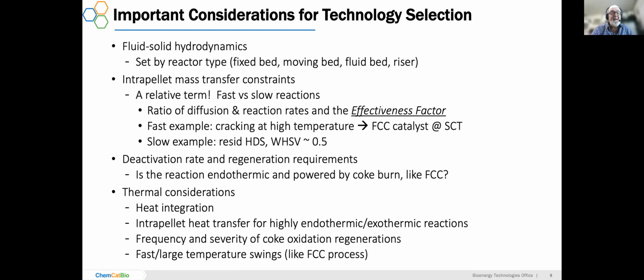And then things like heat integration, the intrapellet heat transfer for highly endothermic or exothermic reactions, also the interpellet heat transfer in between the pellets themselves and the bed and the wall and the reactor internals is important. Frequency and severity of coke oxidation regenerations, and the effect of fast, large temperature swings on the physical integrity of the particles. The list goes on, but you can get an idea here of the things that we probably should be thinking about at a fairly early stage when we design a catalyst in a process. Next slide, please, Fred.